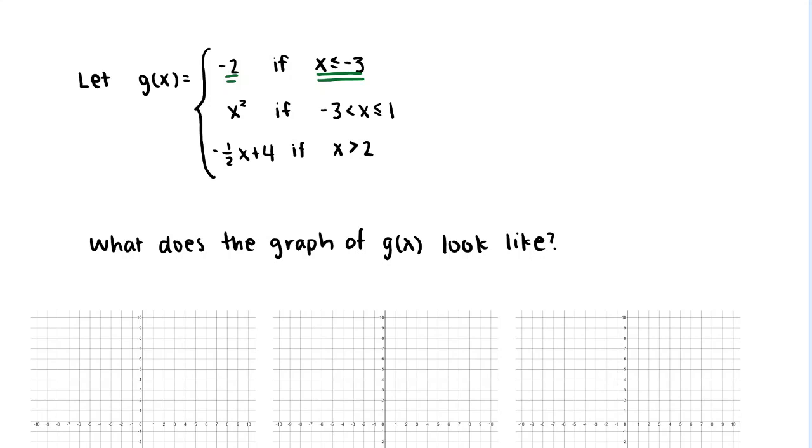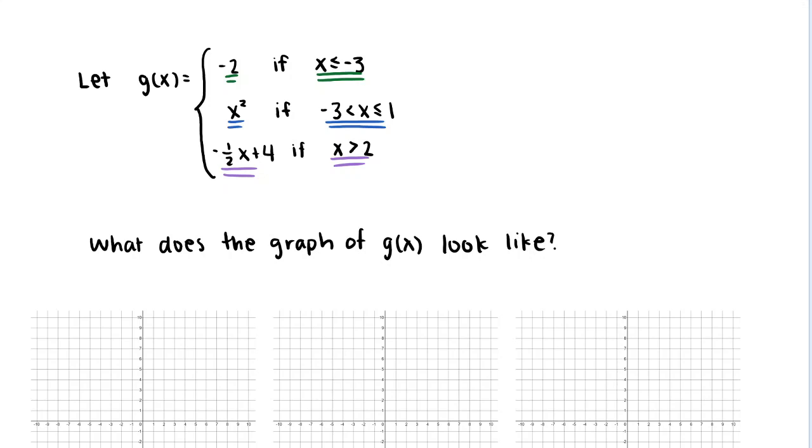We're going to see the graph of g of x equals negative 2 for x values less than or equal to negative 3. We're going to see the portion of the graph g of x equals x squared for its set of x values, and then the portion of the graph for g of x equals negative 1/2 x plus 4 for its x values.